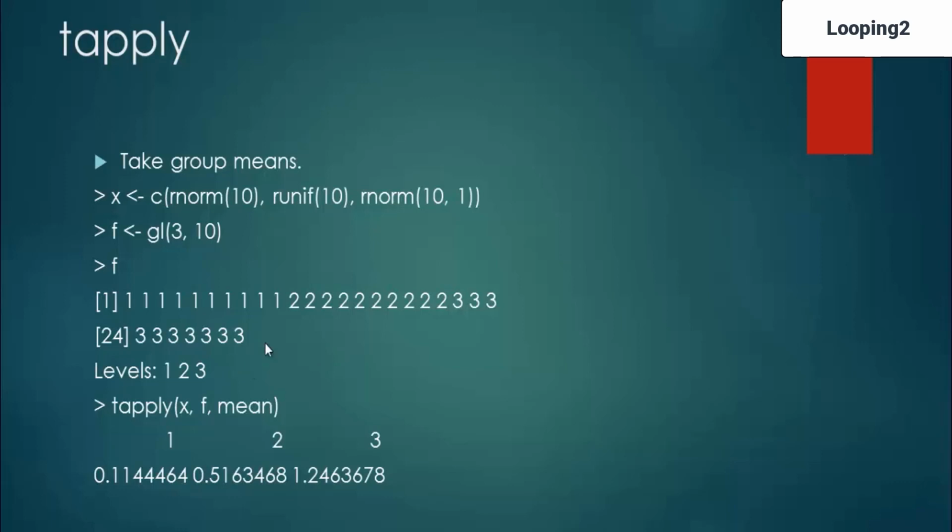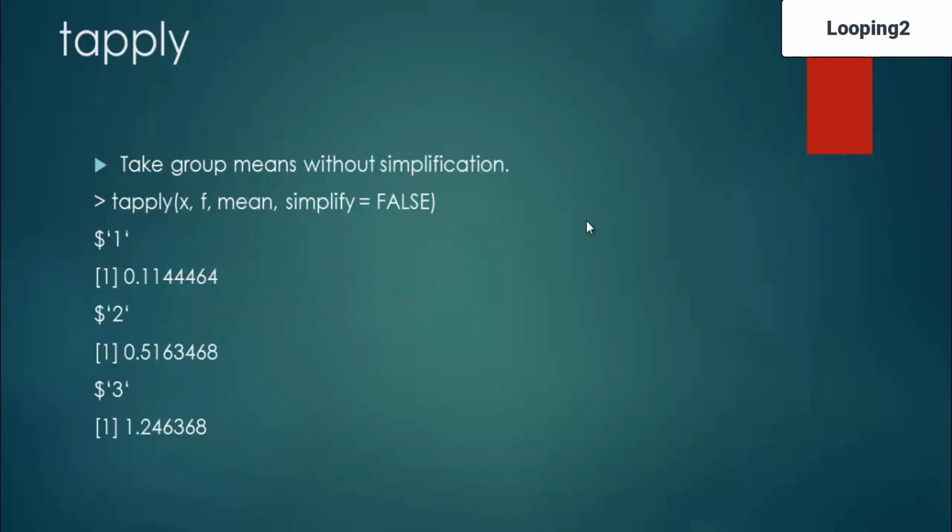Now if I apply tapply with x, this factor, and mean, you'll have 3 levels and you'll get correspondingly 3 group means. You've applied the function over x by this factor and found the mean. If I do tapply without simplification, what happens?